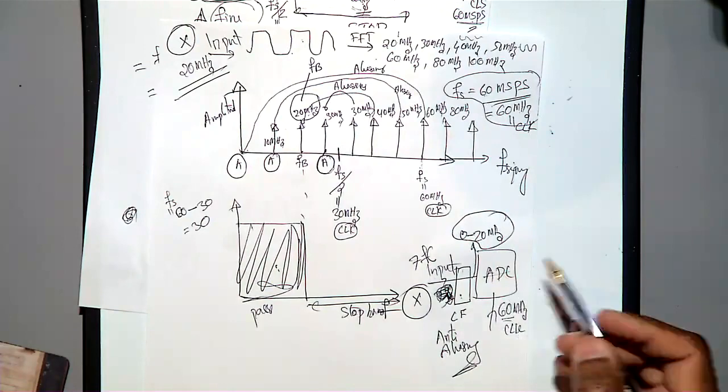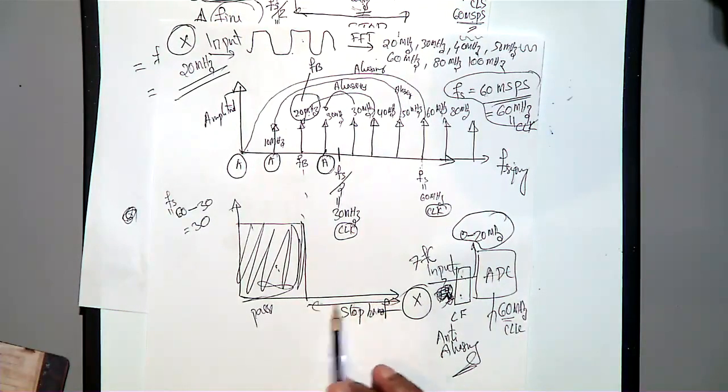You know what I meant? Because this will stop all the high frequency part. That is the reason it is called an anti-aliasing filter. That is the reason before the ADC we need a low pass filter, to avoid this aliasing, the folding back of high frequency signals in the form of low frequency signals.